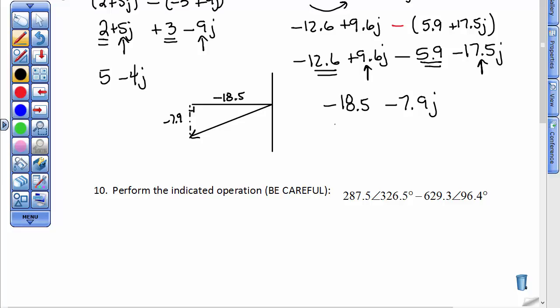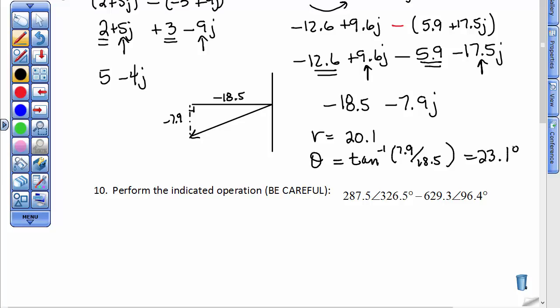When you put that into the Pythagorean theorem, you would get an R value of 20.1. You can use your program, but if you do it by hand, just don't bother with these negative signs, because when you square these numbers, it'll turn out to be positive. Your reference angle would be by taking the inverse tangent of the 7.9 divided by the 18.5, which would be 23.1 degrees.